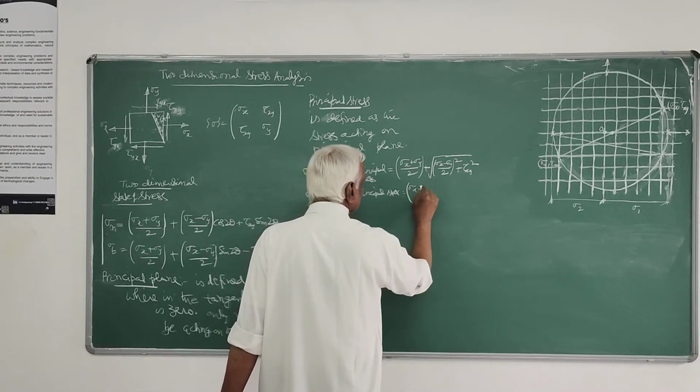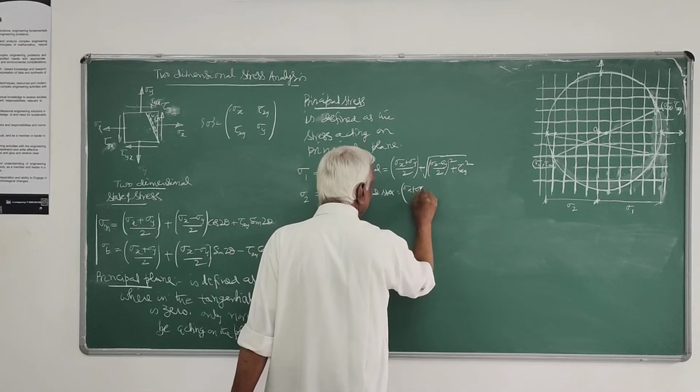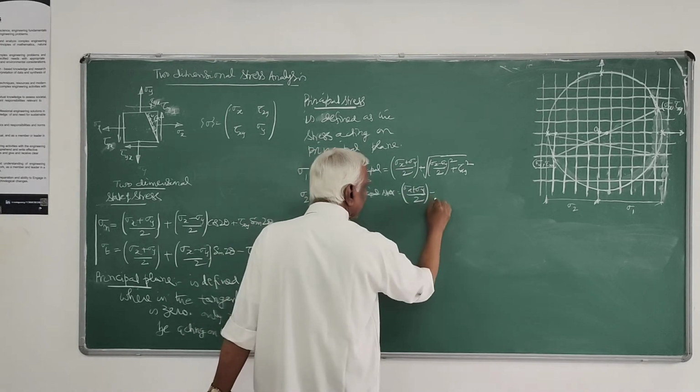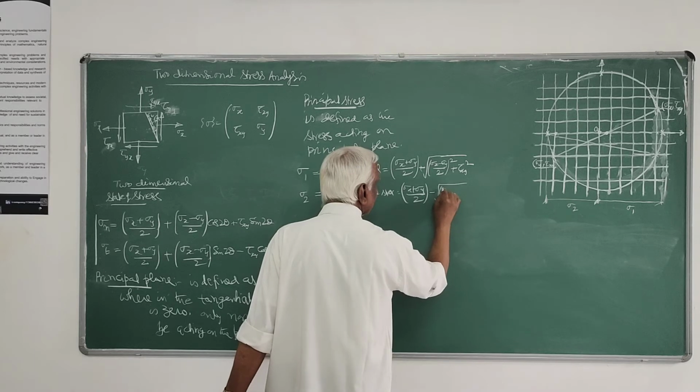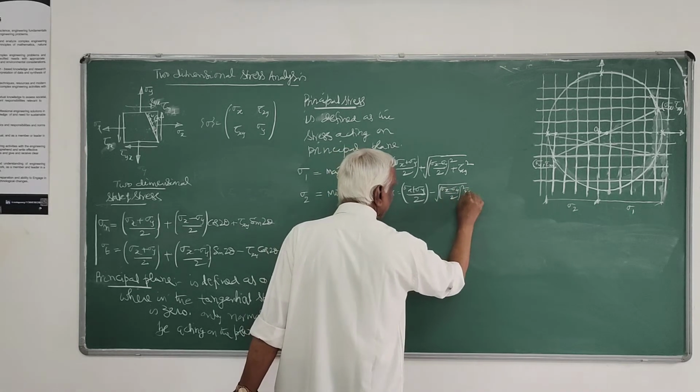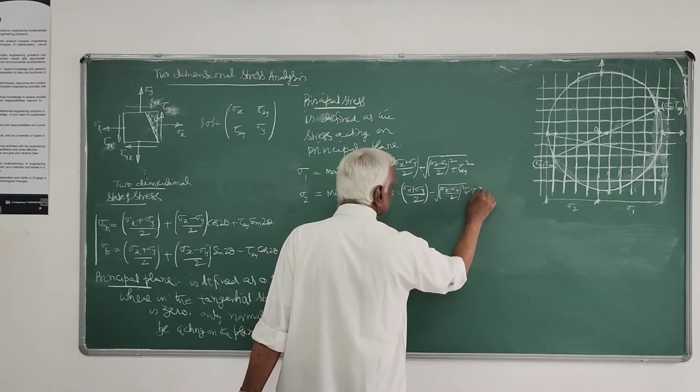Only thing is now instead of plus we have minus, so sigma x plus sigma y by 2 minus square root of sigma x minus sigma y by 2 square plus tau xy square.